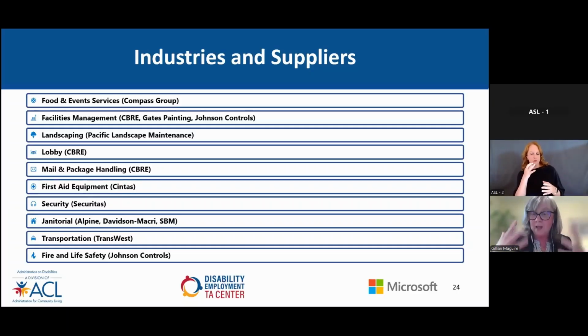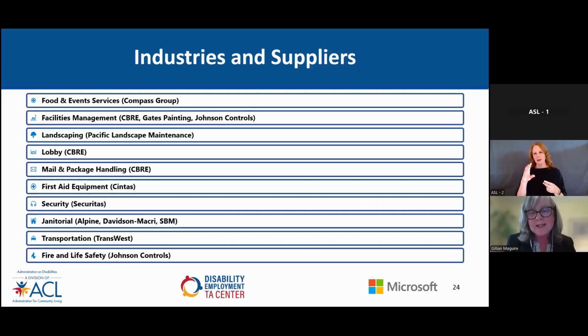So we have developed relationships with those suppliers to encourage them to hire individuals into their companies directly. And those include, I've got a list here of the different industries that we've engaged, and also some of the actual employers that are involved in the program. So there are companies that provide food and event services to support Microsoft here in the US, but then different ones in global locations around the world, such as Compass Group and Sodexo, both involved in the program now.